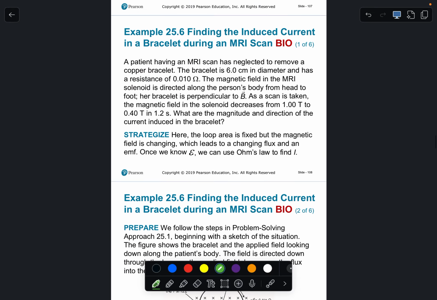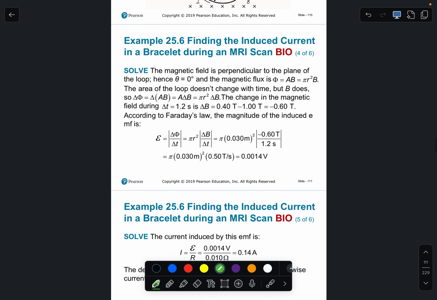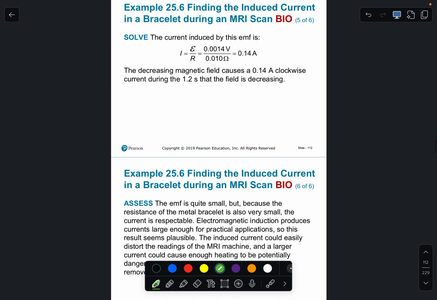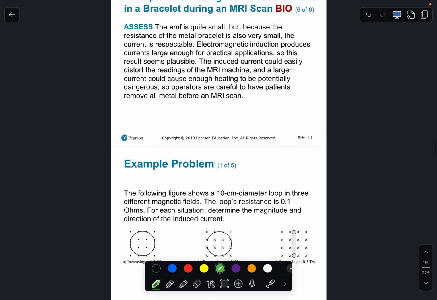So we did this example here, the MRI bracelet, right? And we found what happens if you're wearing a non-magnetic metal in an MRI. The non-magnetic metal won't be attracted to the magnetic field, but it will host a current. And currents make things warm, right? Your charging cable is warm when it's charging your phone, and your phone gets warm. Why is it getting warm?